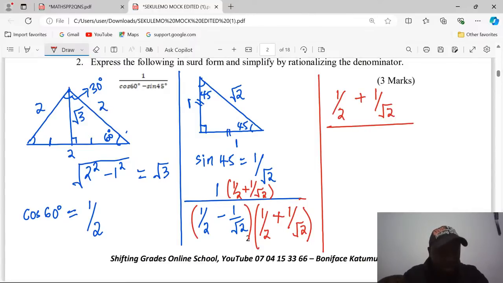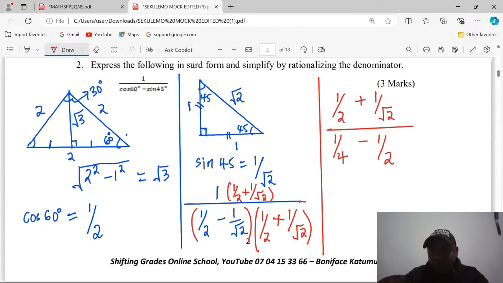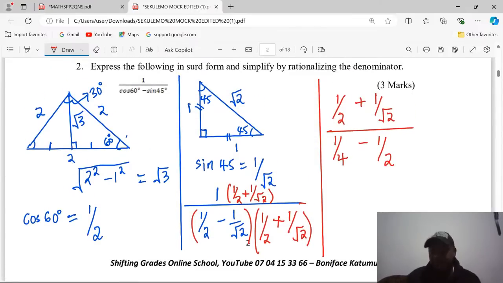Half squared shall be a quarter, then minus 1 over root 2 squared, which becomes half. Therefore, a quarter minus half, we get negative a quarter.